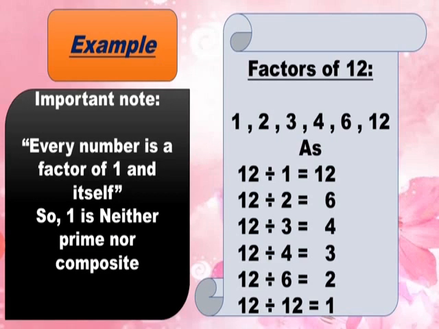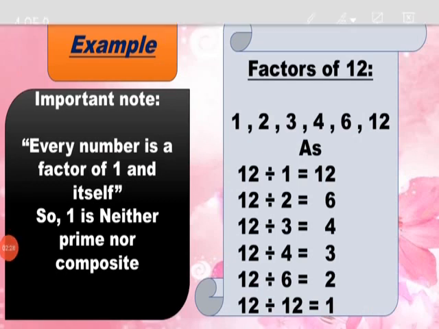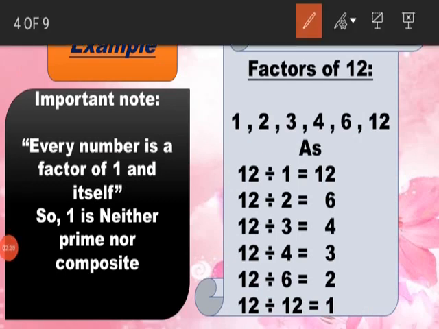So here we have 12 divided by 1 is equal to 12, as 1 and itself. As every number is a factor of 1 and itself, so we know that we have to write 1 and 12.